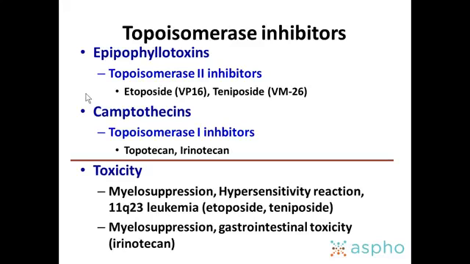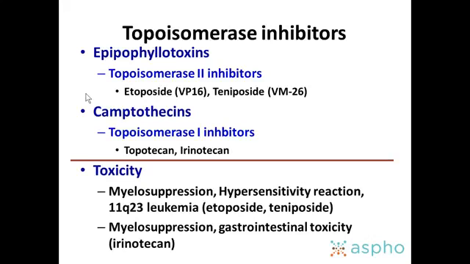The topo 2 isomerase inhibitors are etoposide, VP16, which is commonly used, and teniposide or VM26, which is not being used as often but works by a similar mechanism, and the camptothecins, which are topoisomerase 1 inhibitors, topotecan and irinotecan.